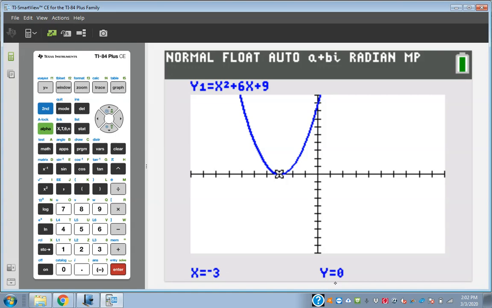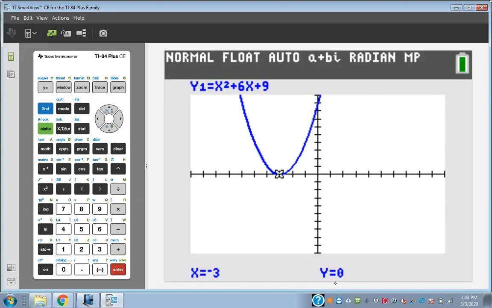Did you type in -3 after hitting trace? Yeah, type it in there. That's what it's supposed to look like. Press enter, turn it off, and that's it. Hit enter, zoom 6. That sets the window to the right size. Now it's graphing.